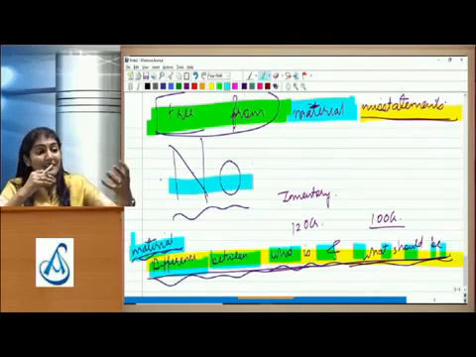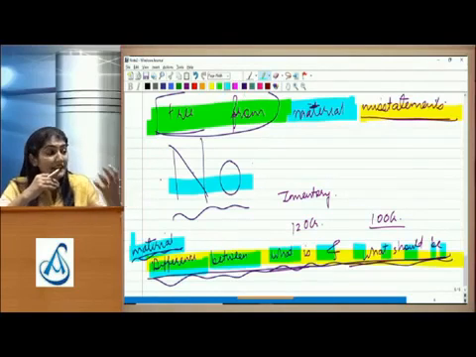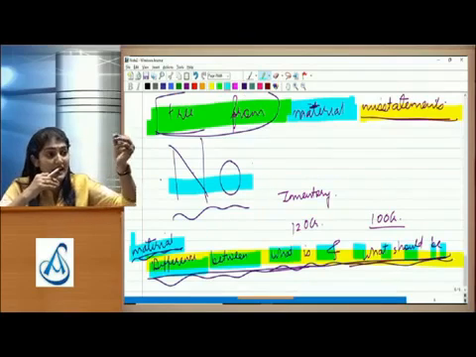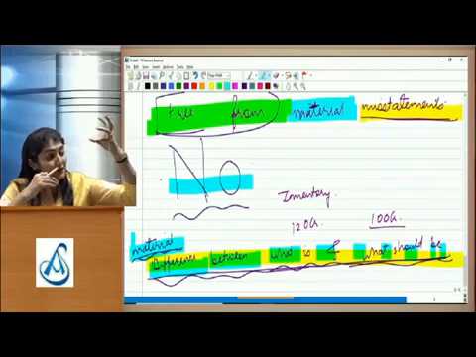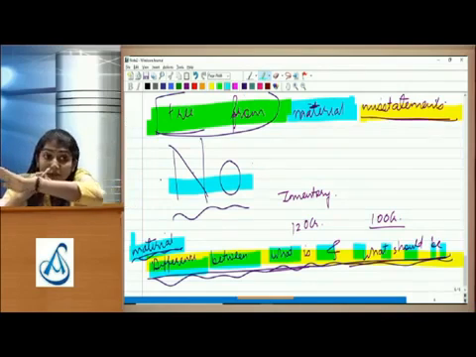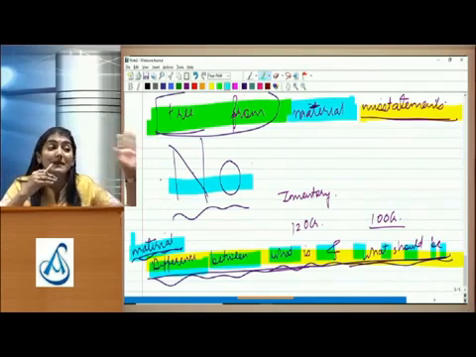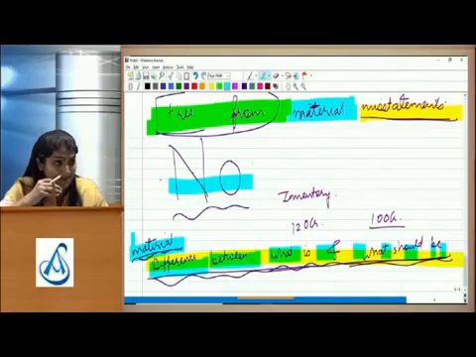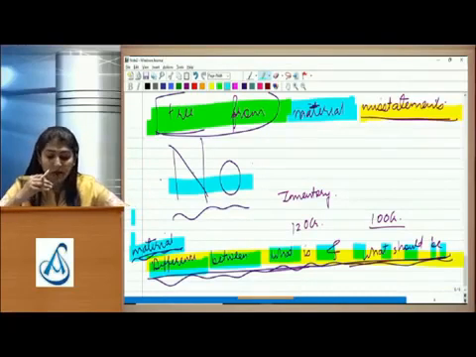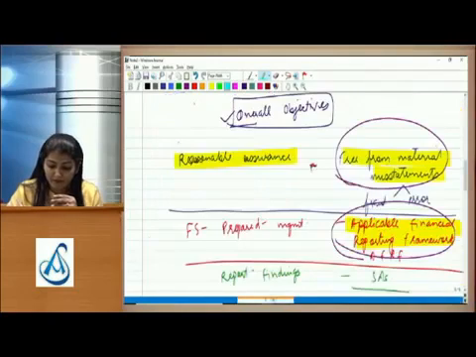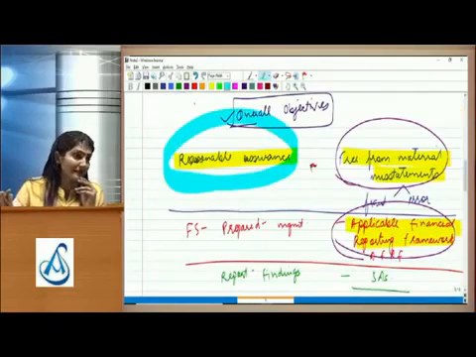No. So for an auditor to express an opinion, he needs to obtain a reasonable assurance that the financial statements on which he is expressing an opinion are free from material misstatements, whether due to fraud or error.